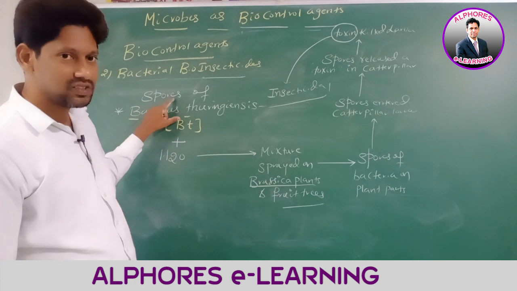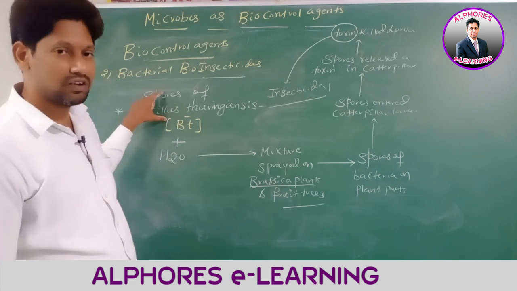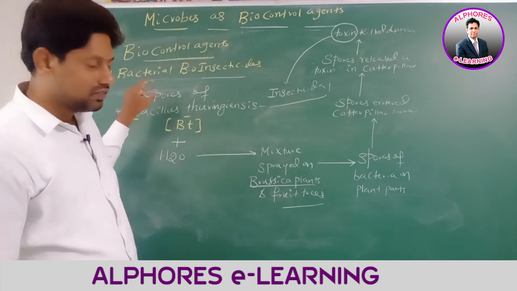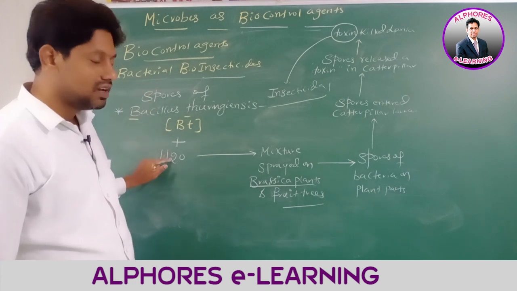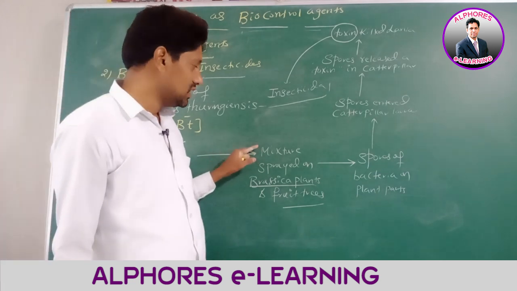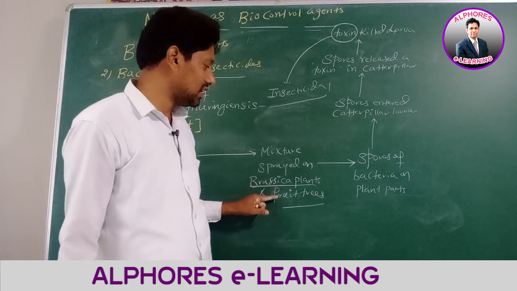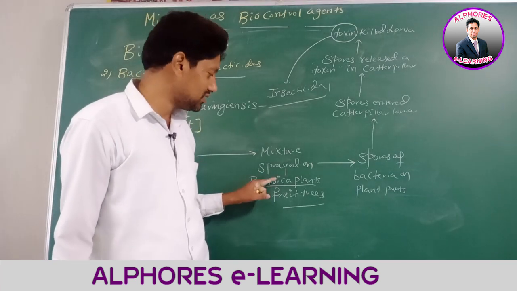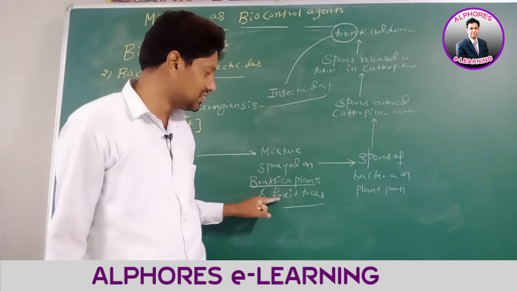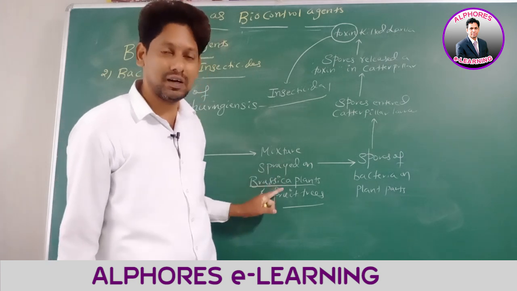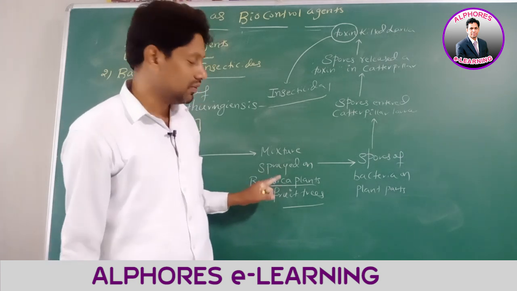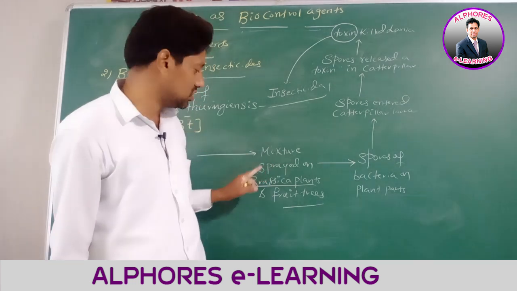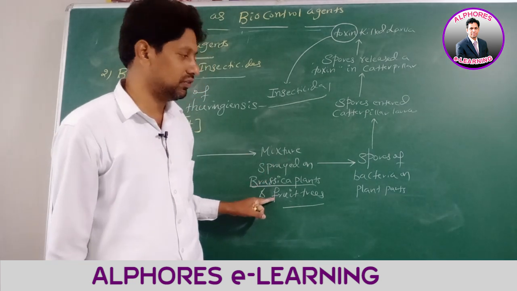Farmers got these spores from the market, mixed them with water, and this mixture was sprayed on brassica plants and fruit trees, because generally these plants are attacked by caterpillar larvae. That's why they sprayed this mixture on them.